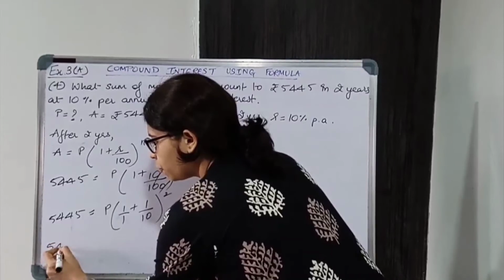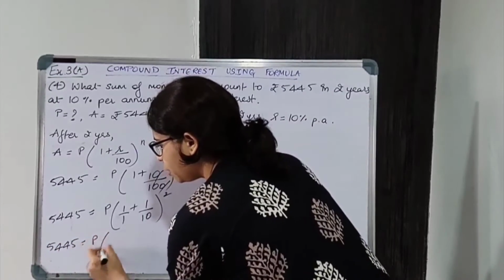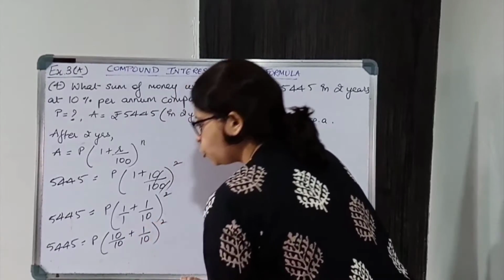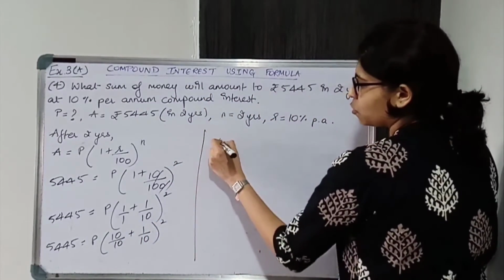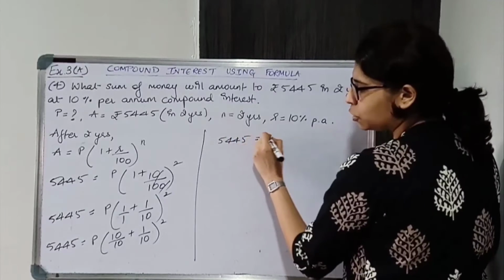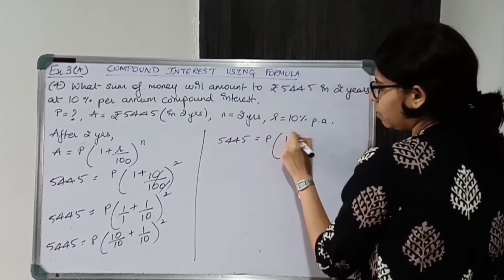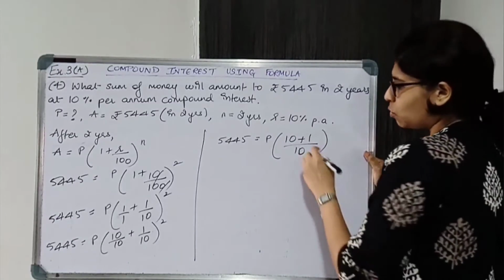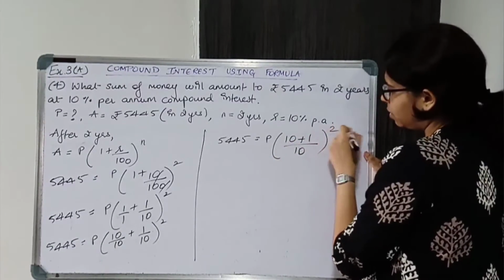So 5445 is equal to P into 10 upon 10 plus 1 upon 10 raised to 2. So 5445 is equal to P into 10 plus 1 upon 10. Correct? So the denominator is same, so we can add the numerators.